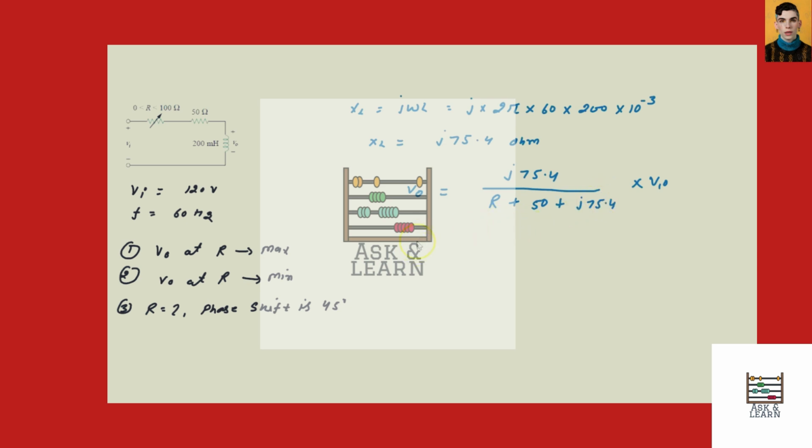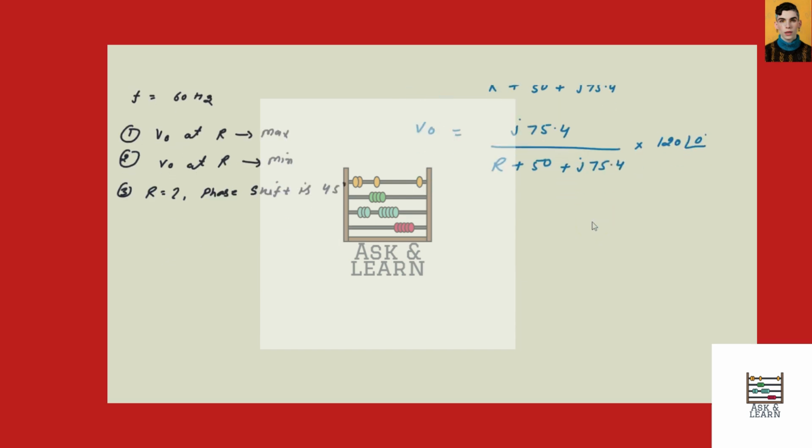So V output equals j 75.4 upon R plus 50 plus j 75.4 into 120 angle of 0 degree. Fine.